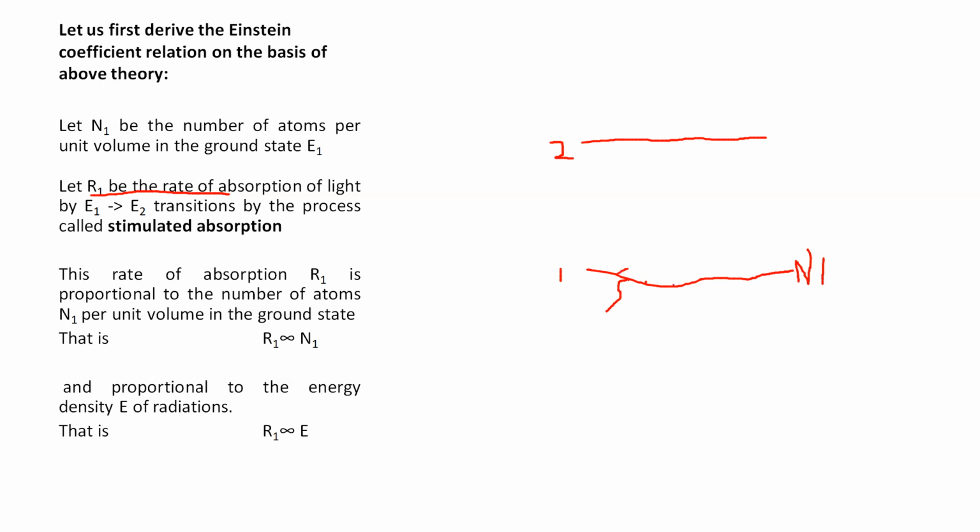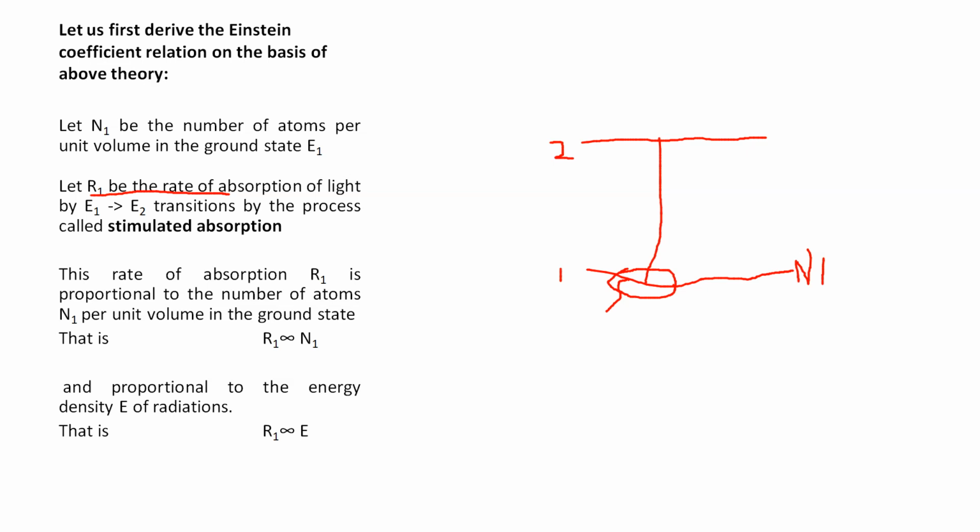This energy will be absorbed by these electrons and they will be excited to the upper state. So R1 is the rate of absorption of light for the E1 to E2 transition by stimulated absorption.